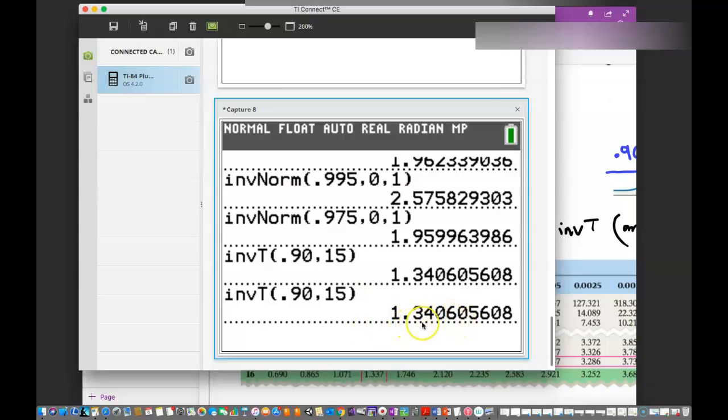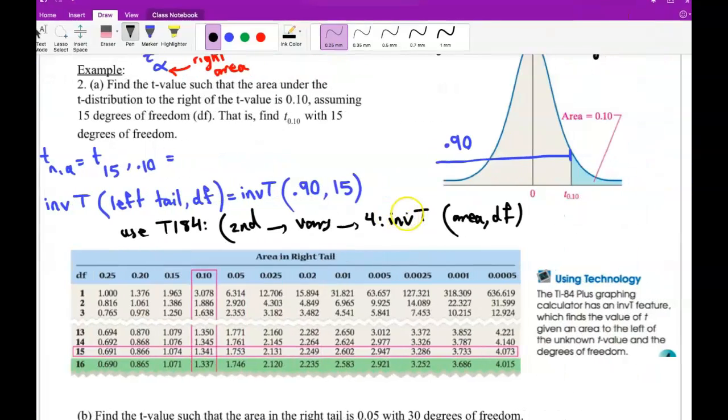If we wanted to run this, the answer will be 1.341. So we rounded this, and the answer is 1.341.